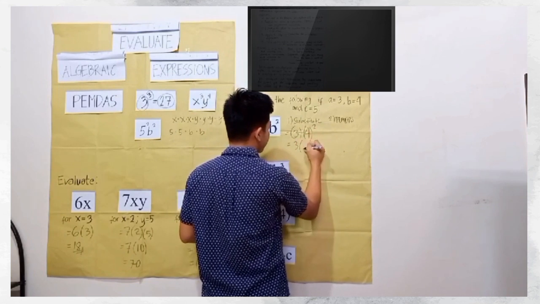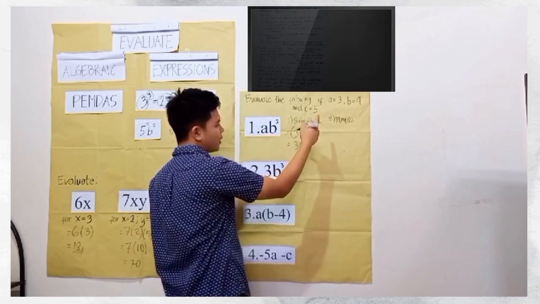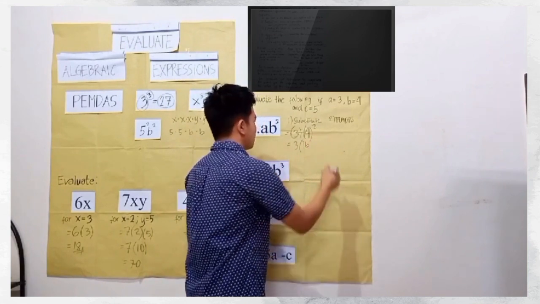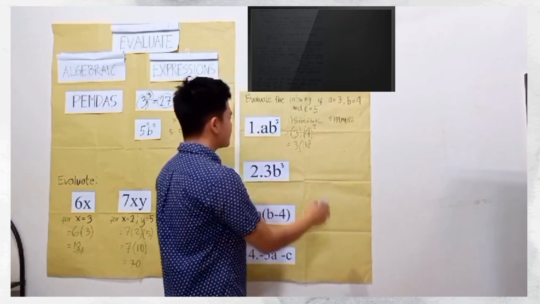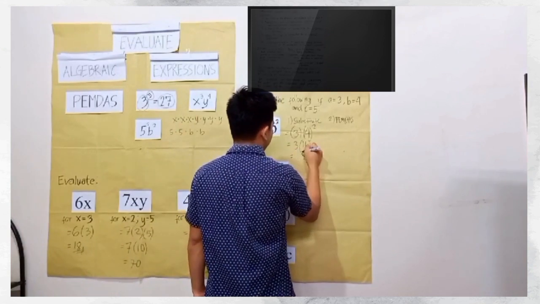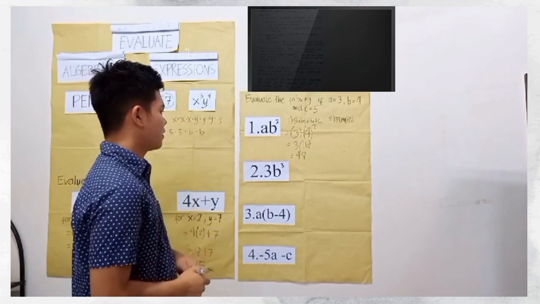So 3 times the exponent. 4 raised to the power of 2 is equal to 16. And 16 times 3 is equal to 48. So we have an answer, 48.